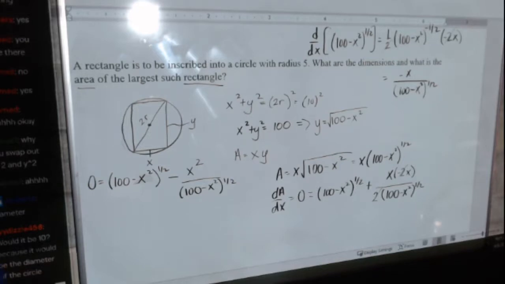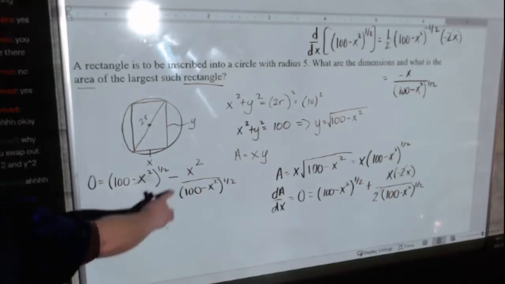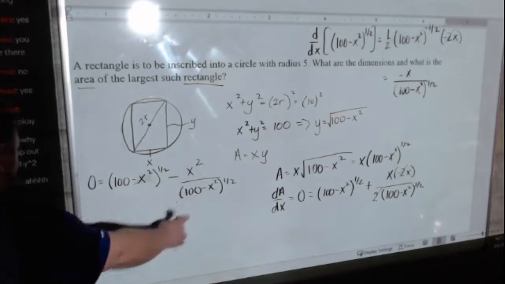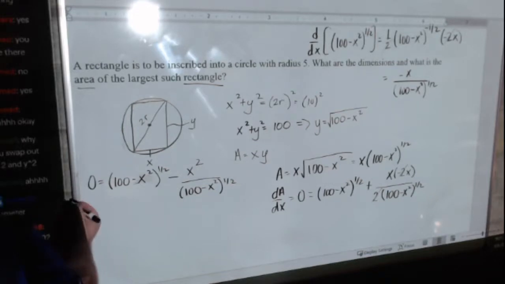So I'm going to do quite a bit of algebra here, so please ask questions in the chat if you have them. This is negative, so I'm going to move this whole term to the other side.